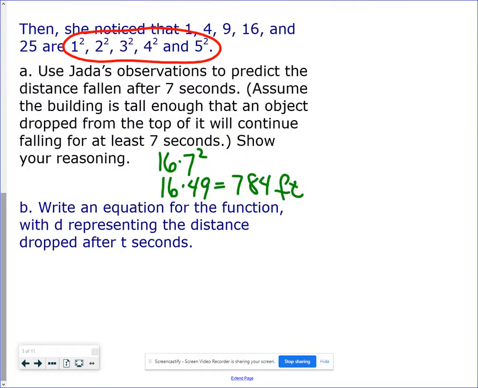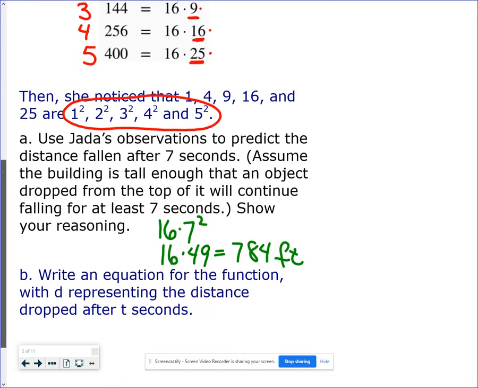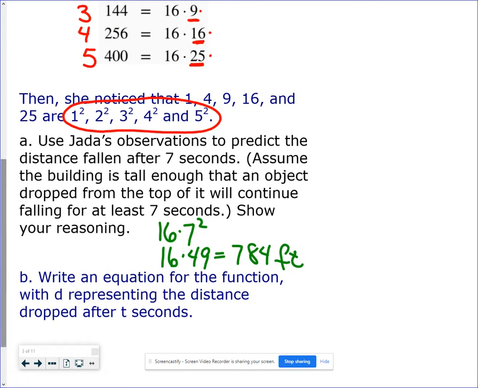So then what I'd like to do here is I want to be able to write an equation that shows that pattern. Right? We know that we're taking the number of seconds and squaring it. They're saying that instead of using S for seconds, we're going to use T for time right there. That number is getting squared every time. And we know that every single time it got multiplied by 16.